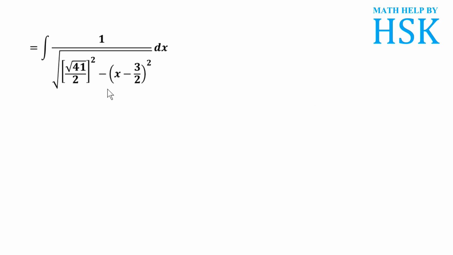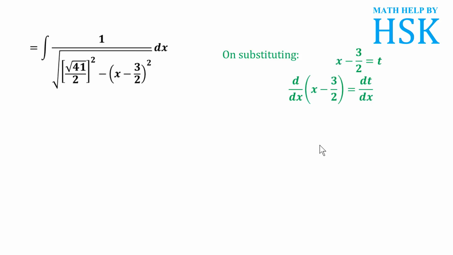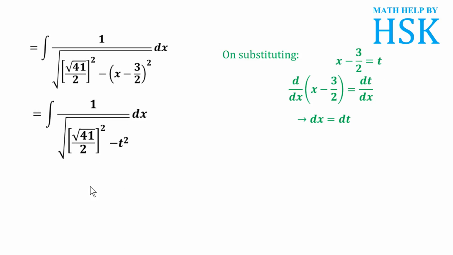To solve further, I am going to substitute x minus 3 by 2 as equal to t. Differentiating both sides with respect to x, I am going to get dx as equal to dt. Replacing dx with dt and x minus 3 by 2 with t, I am going to get the integral as 1 upon the square root of root 41 upon 2 whole square minus t square.